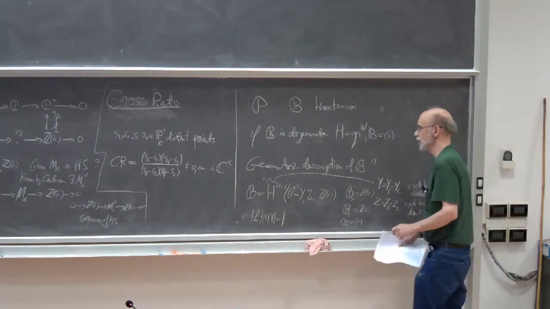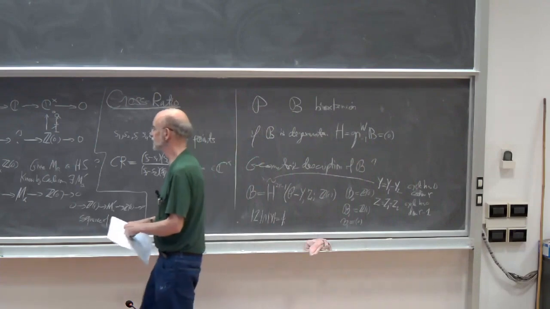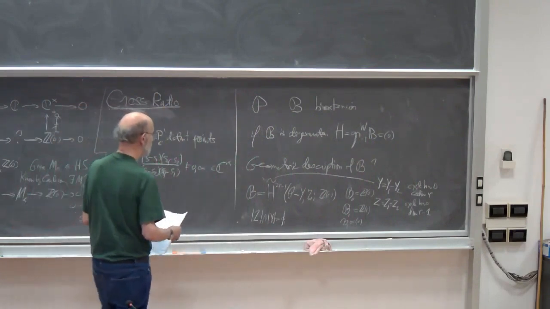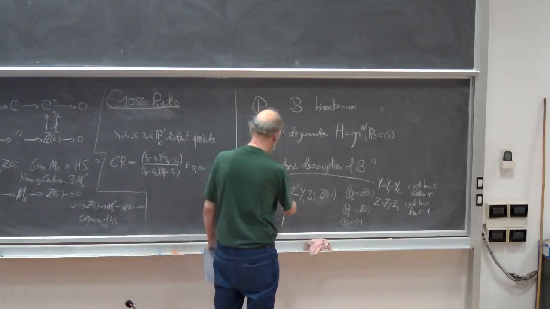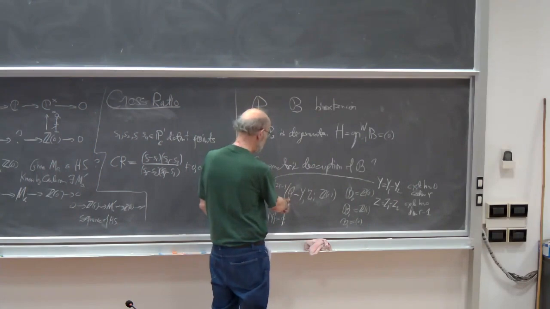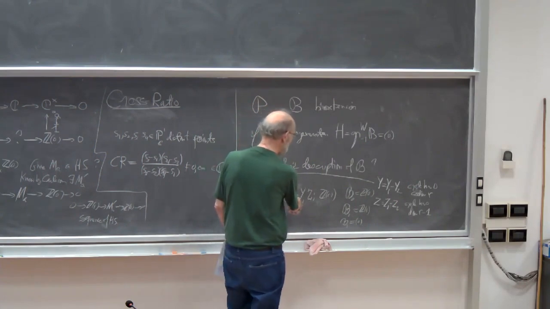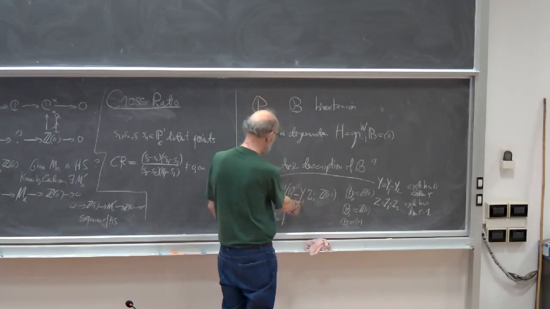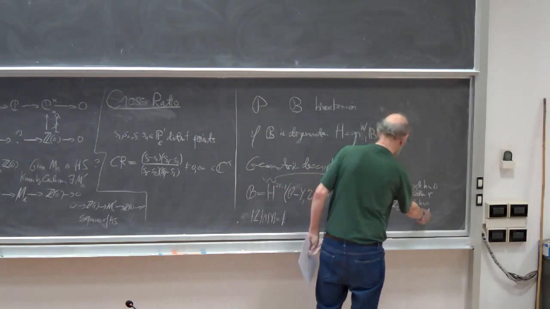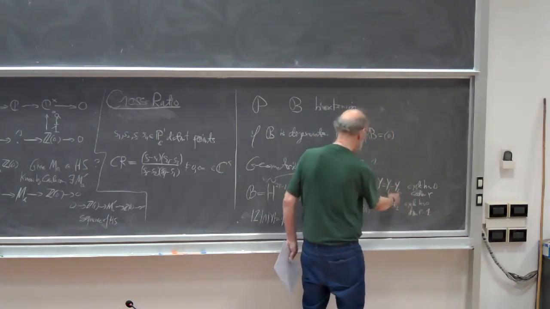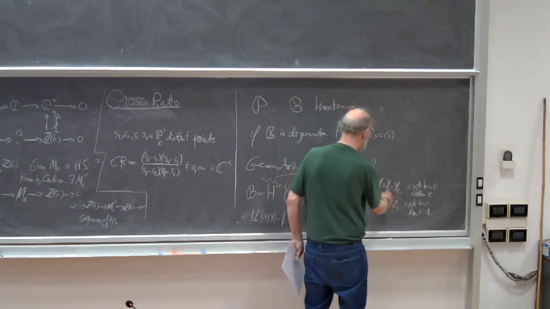So, for example, if P was a curve, then Y should be codimension 1, so R should be 1, and R minus 1 should be 0, so these should both be 0 cycles. These are points.